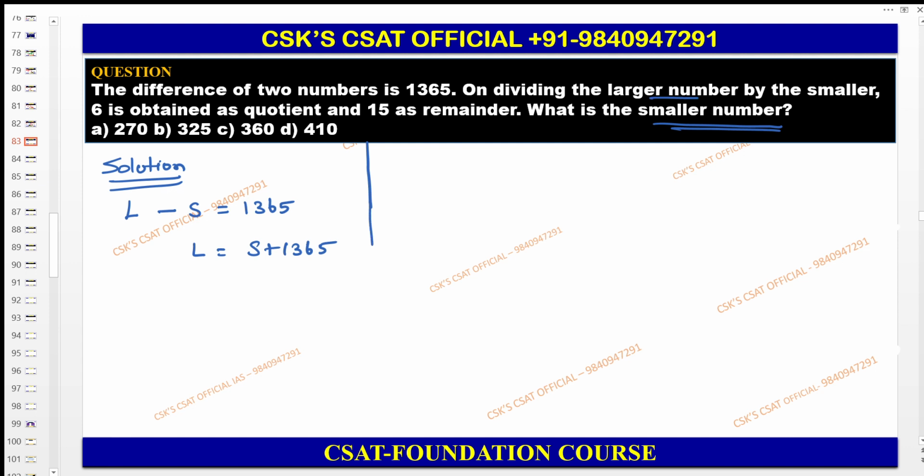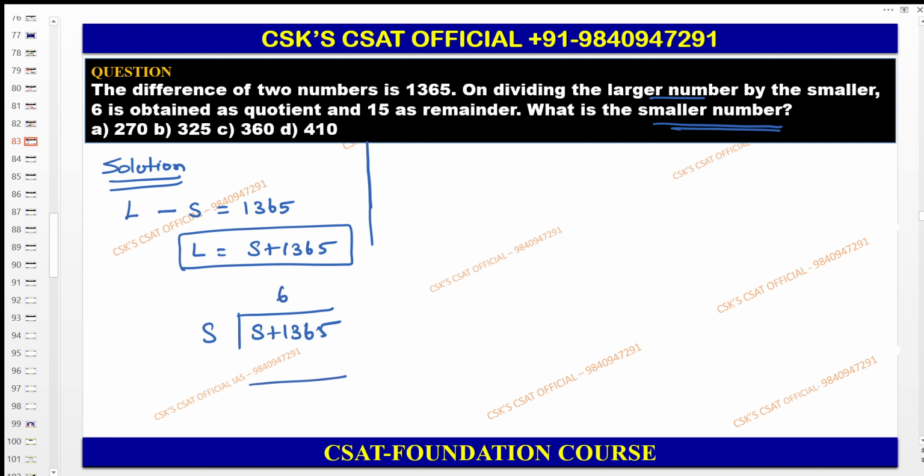On dividing the larger number by the smaller number, you are getting 6 in the quotient and 15 in the remainder.